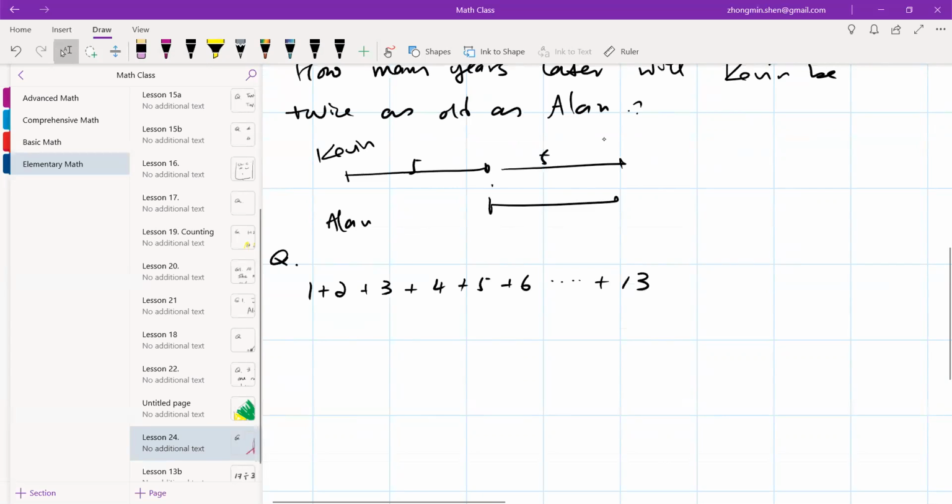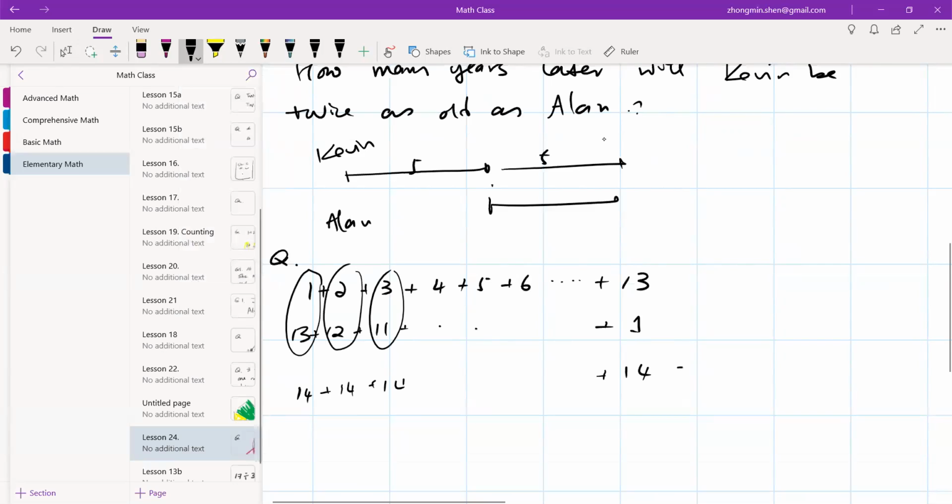So the idea is, assuming this is already a sum, right? You reverse the order, okay? And add them together. But this time when you add them together, we organize it. So this will be add them vertically, okay? Then you will always get 14, 14, 14.